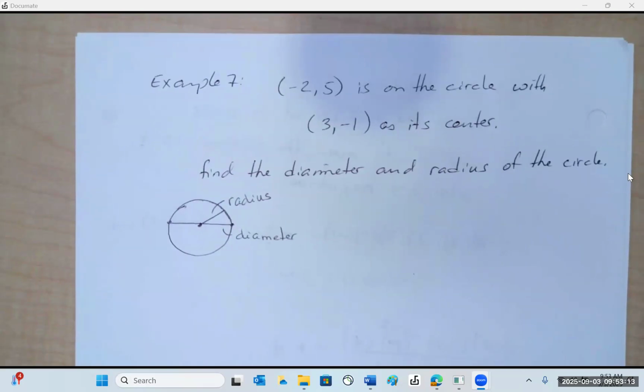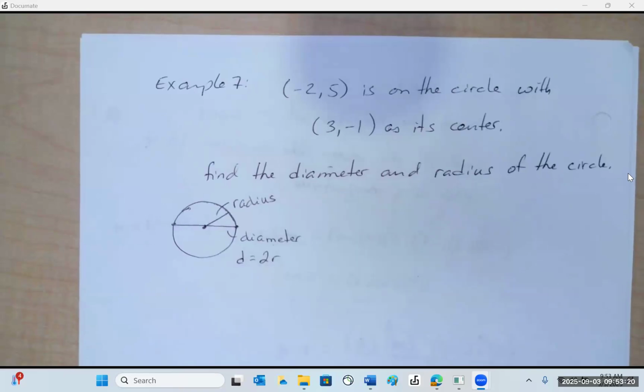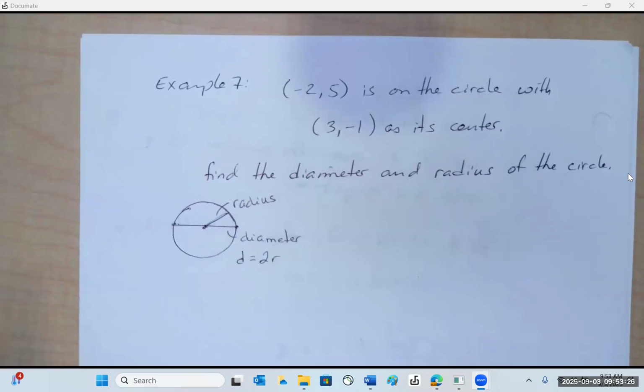Just by looking at it, isn't diameter twice the radius? Yeah, because if this is only halfway, diameter is all the way across. It's twice as far.